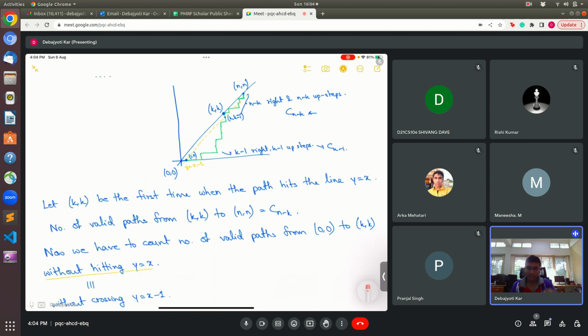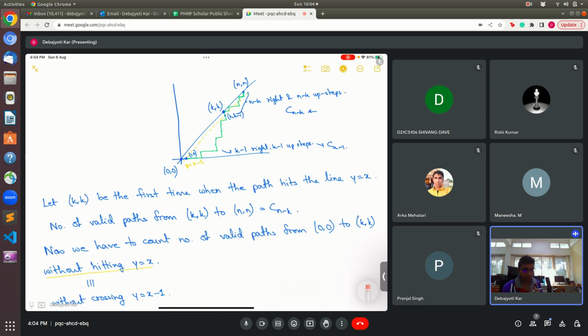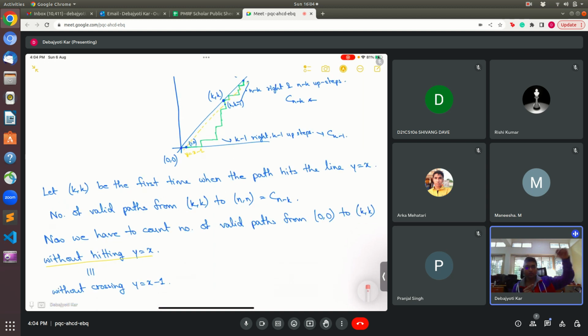This is the important bijection to observe: not wanting to hit y equal to x is the same as not wanting to cross y equal to x minus 1.